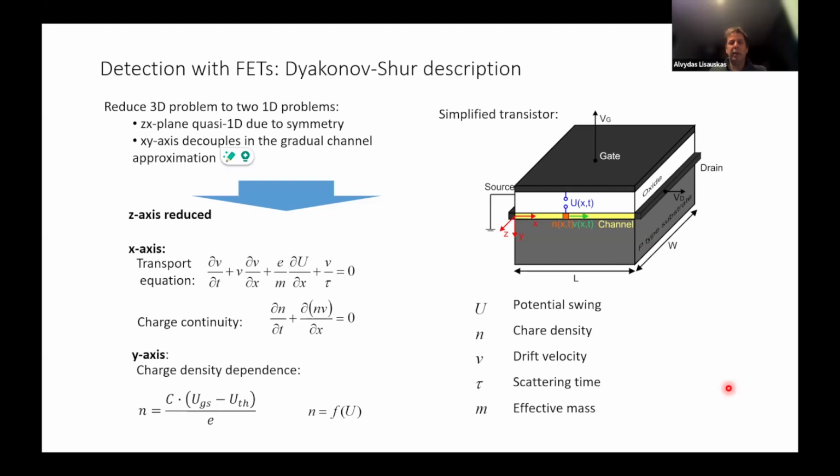Well, '96 is a detection paper, but it started from the work in '93, where we looked for plasma wave formation and its implication for the operation of the device. So the physics here is very nicely comprised by two very simplified fundamental equations: the charge continuity equation and the transport equation.